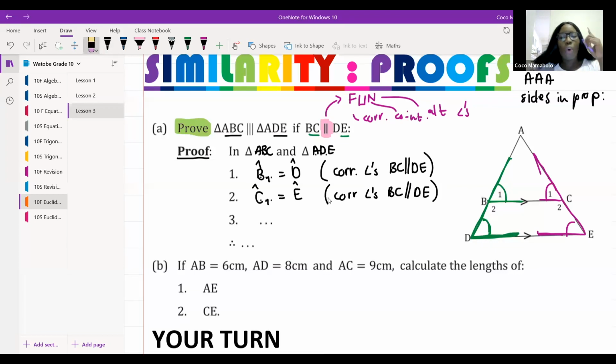All right. I need one more angle that is equal in order for this to be an angle similarity. Can anybody see it? I think it's the easiest one. Oh, yes, they're co-interior, but they're not going to help us, Mawande. You're correct. C1 and E, we've already had. Who's Holy Spirit?